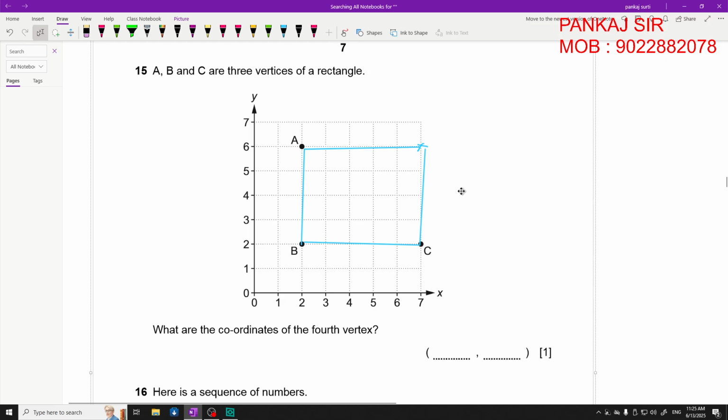It's not that exact, but it's fine. A, B, C, D. Okay, I can write a D over here. So what are the coordinates of the fourth vertex? So my fourth vertex is D, and its coordinate will be, if I come on the x-axis, it is 7. So my x coordinate will be 7. And if I go on the y-axis, it goes on to 6. So 6 will be my y coordinate. The 7, comma 6 should be the answer.